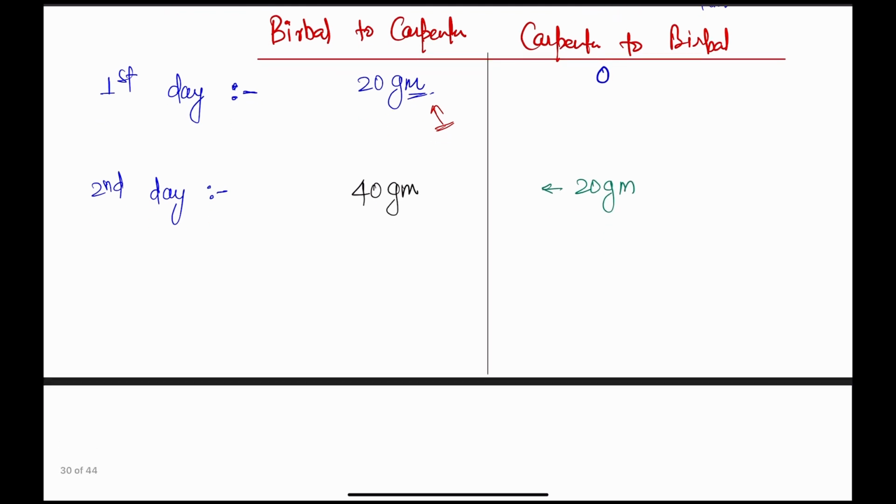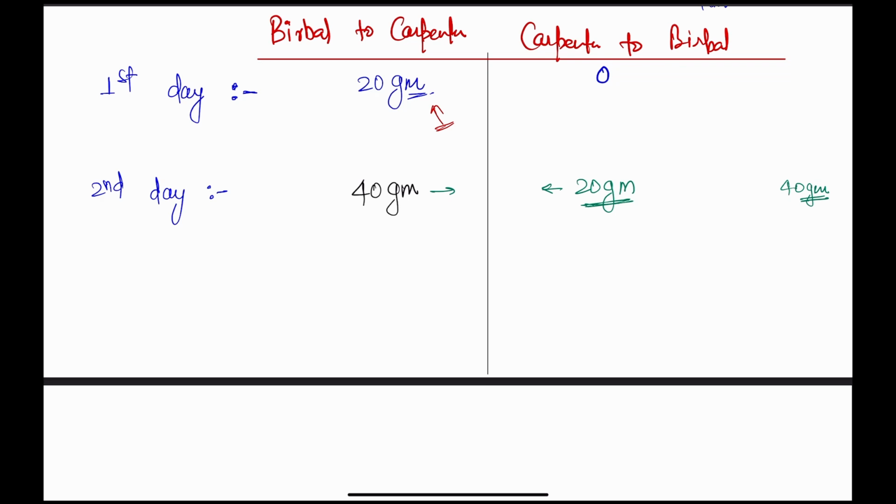So technically, if Birbal paid 40 gram, at the end of the second day he has 40 gram in his pocket. But he has the bigger 40 gram piece, not the single 20 gram piece he got on the very first day. Now the carpenter is left with 40 gram, and that 20 gram came back to Birbal.